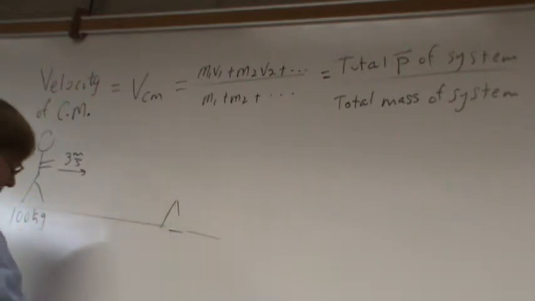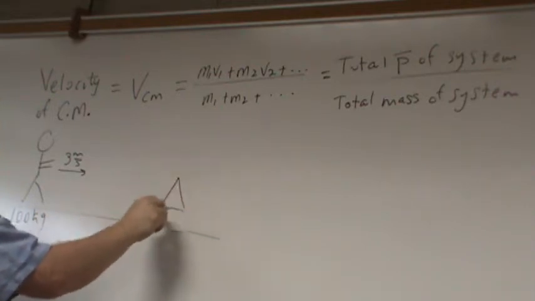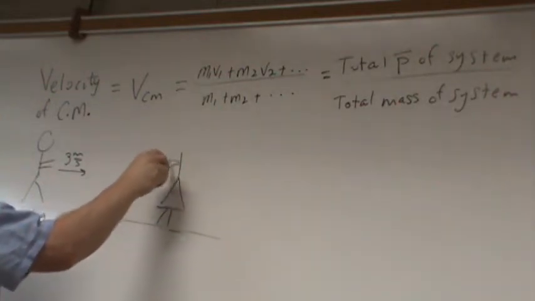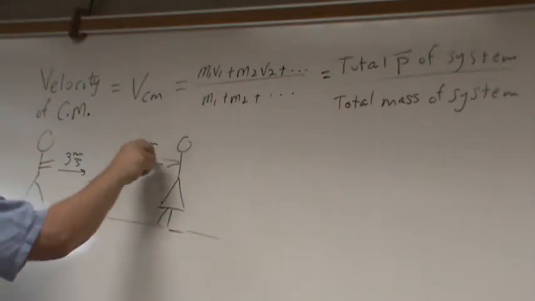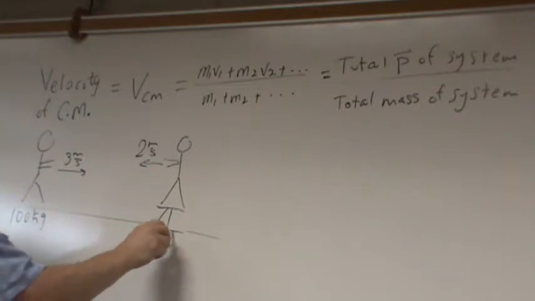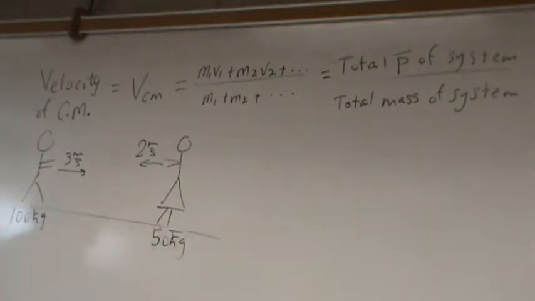Just a second. Why am I having trouble drawing this female ice skater? Okay. This female ice skater is going 2 meters per second, and she is a 50 kilogram ice skater.